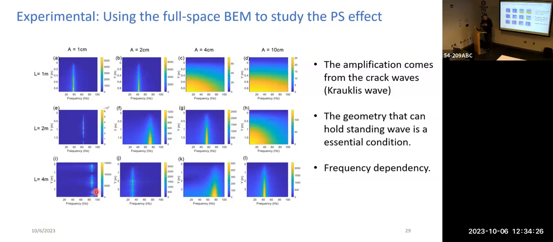And when the fracture aperture is too large, the wave cannot form the Crockley wave. So you can see the dispersion is very flat. But when we make the two sides of the fracture close enough, the similar resonance can be observed.